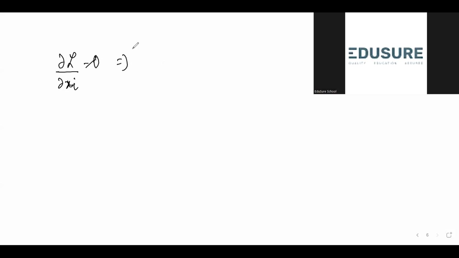वो कैसे दिखेंगे? Del f del xi, where f is this function, minus summation j is equal to 1 to m lambda j तो lambda j ही रहेगा.